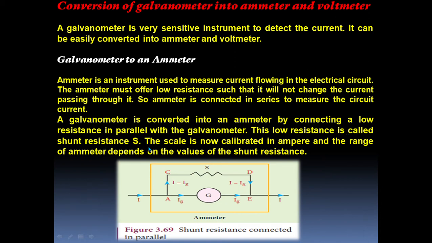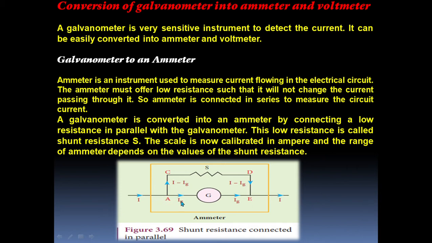The scale is now calibrated in ampere and the range of the ammeter depends on the value of the shunt resistance. Here, this is the shunt resistance connected in parallel to the galvanometer. Now current enters this junction.